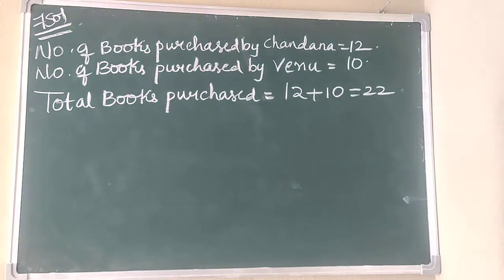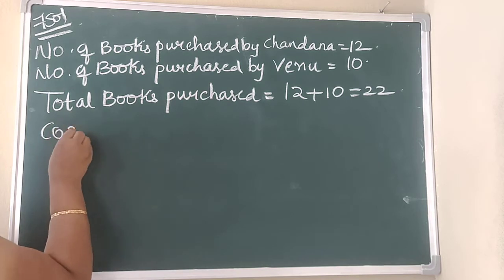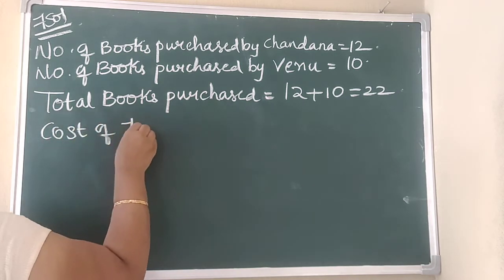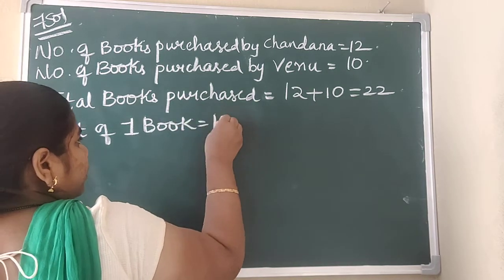Now we have to find the cost of 22 books. We know that the cost of one book is 15 rupees.